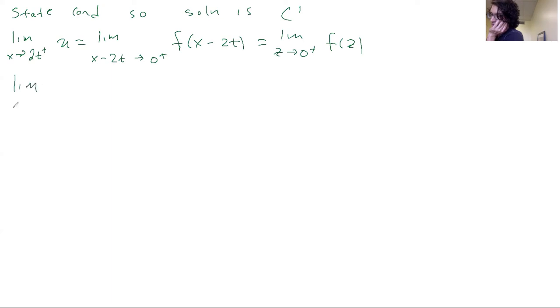Our other limit in this case is going to be where x goes to 2t from below of u.